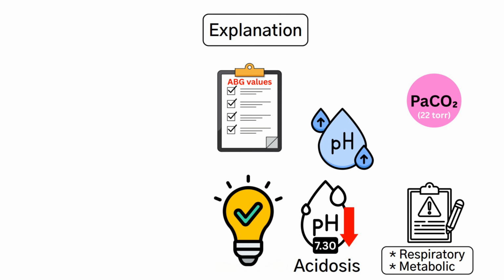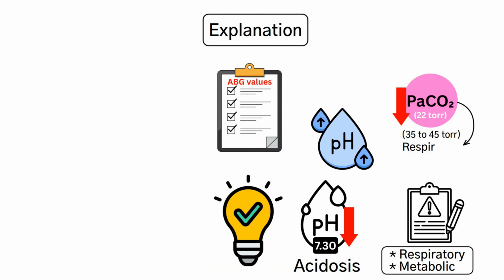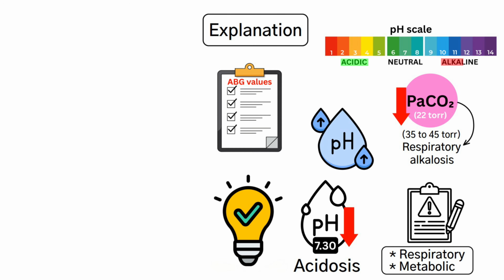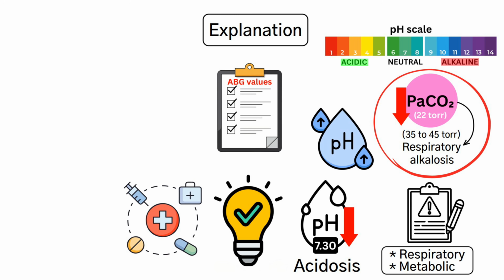The PaCO₂ is 22, which is below the normal range of 35 to 45. Normally, a low PaCO₂ points to respiratory alkalosis, but in this case, the pH is acidic, not alkaline. That means the low PaCO₂ must be a compensatory response rather than the primary disorder.